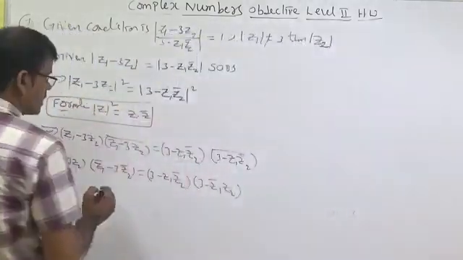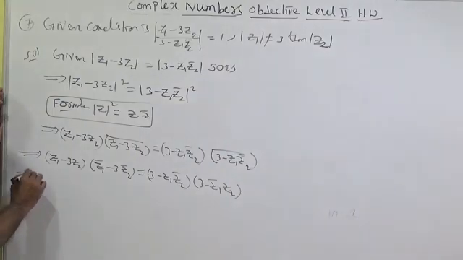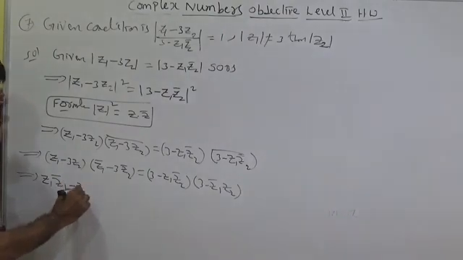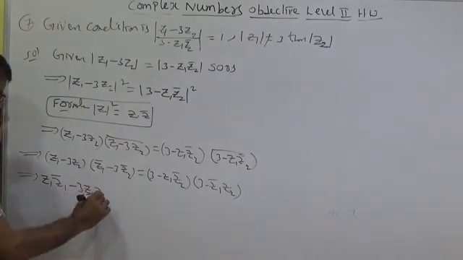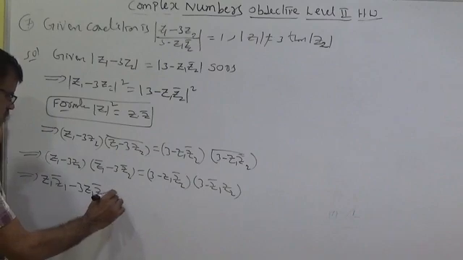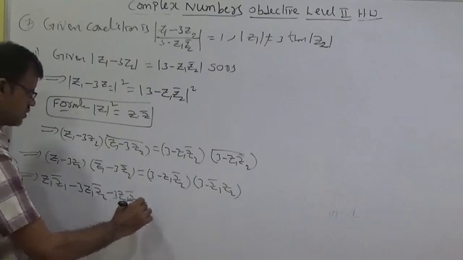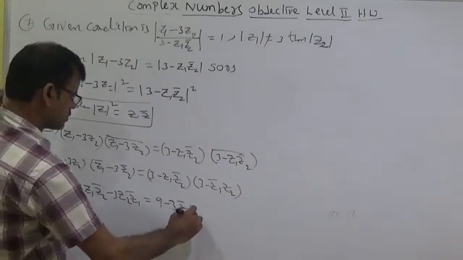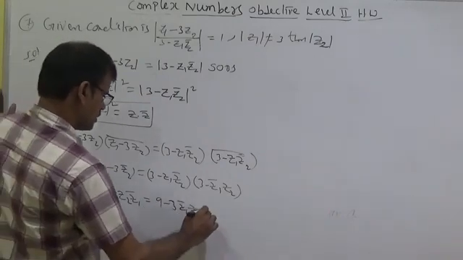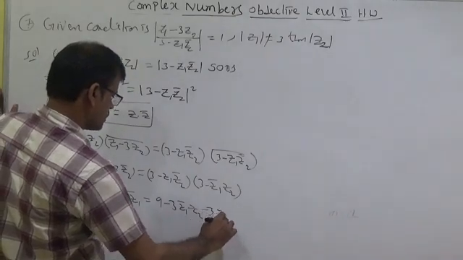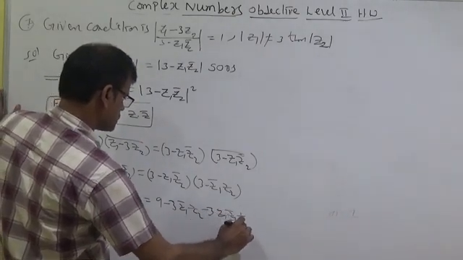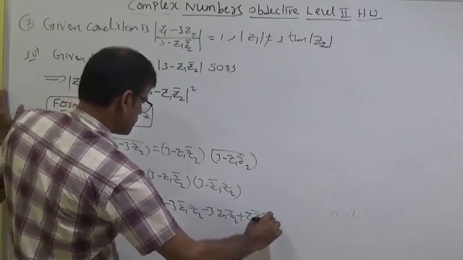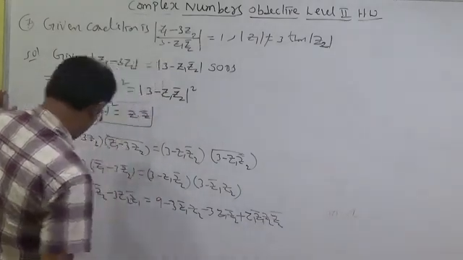Now multiply term by term. Z1 Z1 bar minus 3 Z1 Z2 bar minus 3 Z2 Z1 bar is equal to 3 3s are 9 minus 3 Z1 bar Z2 minus 3 Z1 Z2 bar plus Z1 Z1 bar Z2 Z2 bar.